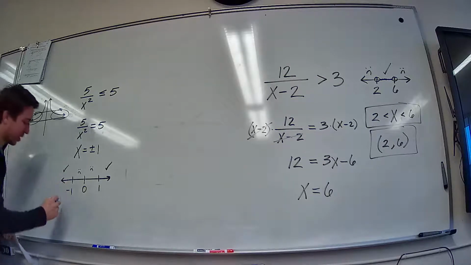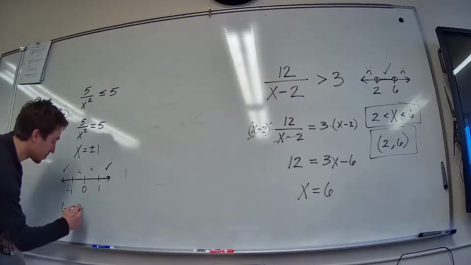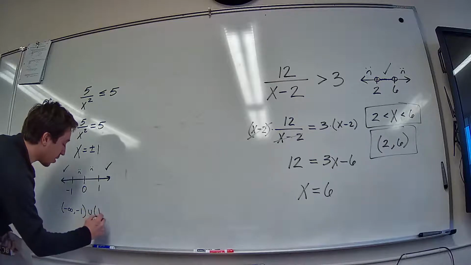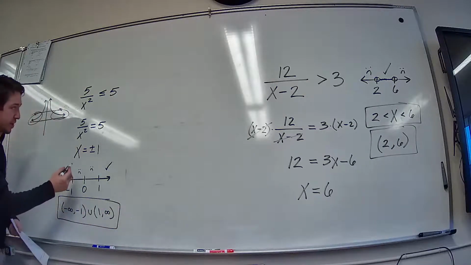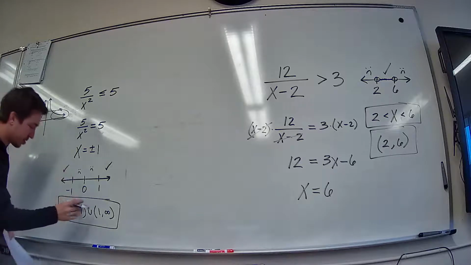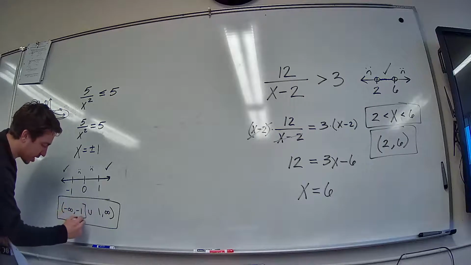So the answer for this would be negative infinity to -1, and then from 1 to infinity. Open circles again, of course. Oh no, I'm sorry, they'd be closed. I'm crazy. No, they're closed. My bad, guys. Just testing you, obviously.